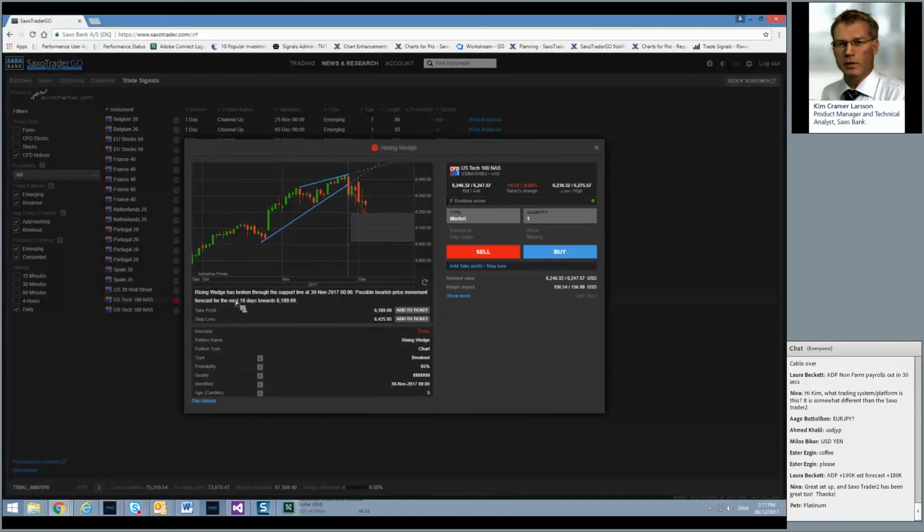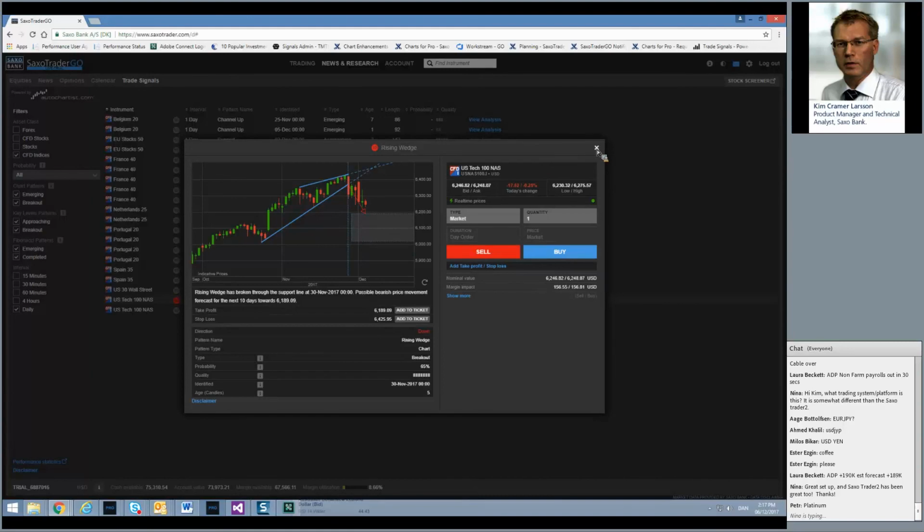Yeah, it actually showed the rising wedge that I also showed you on the chart earlier in this session. It actually detected this automatically. There's no human behind this. It's purely an algorithm that tries to detect patterns in the market, like wedges, triangles, head and shoulders, and so on. Support and resistance levels.